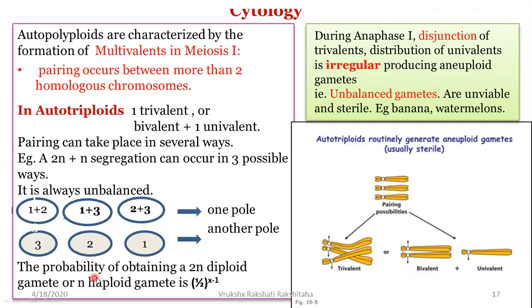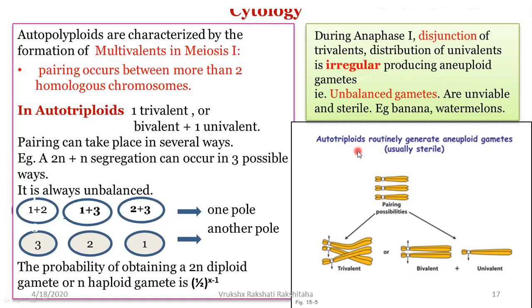So the probability of obtaining a diploid gamete or a haploid gamete is given by the formula (1/2) raised to x minus 1. Now, during anaphase I, what happens is disjunction of the trivalents and distribution of the univalents is irregular.